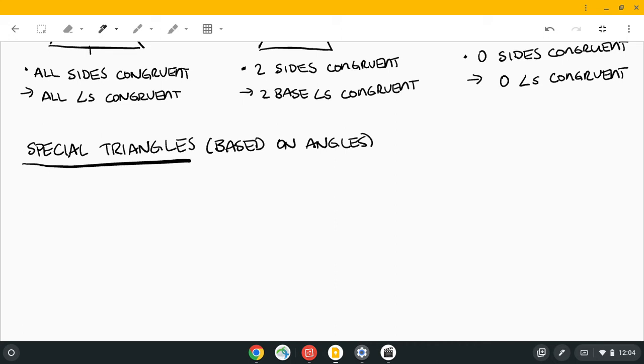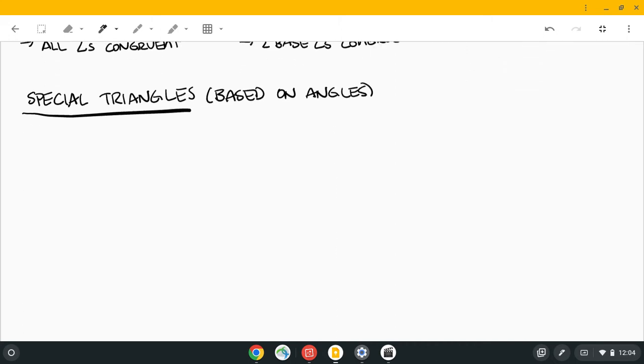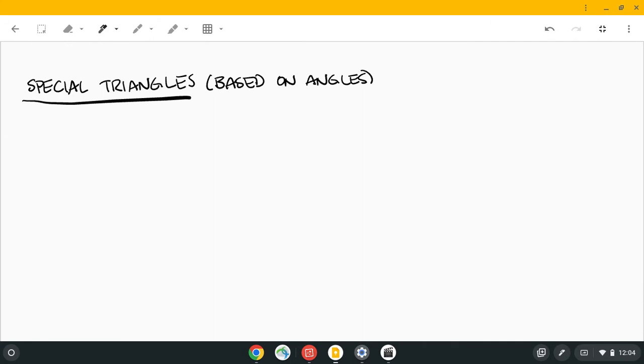We have acute, obtuse, and the right triangle.